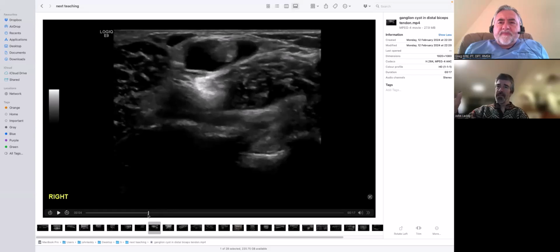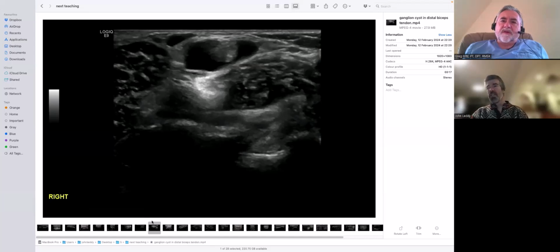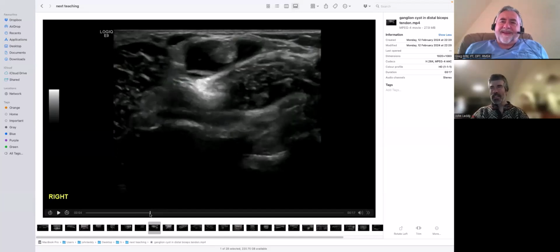I saw one in a finger tendon in someone who was a pianist or someone who did a lot of work with their hands. I've seen them in proximal biceps, and in some of the foot tendons, the peroneus brevis, things like that. So they're hard-working tendons, but what tendon isn't hard-working?